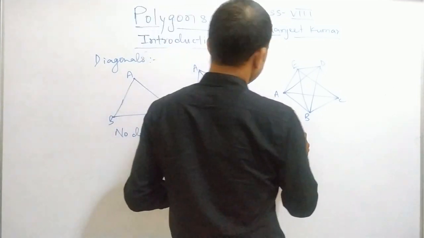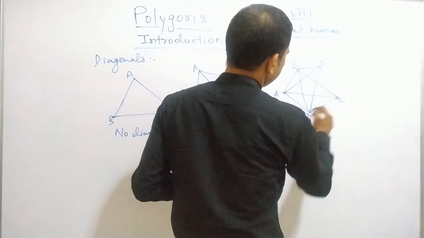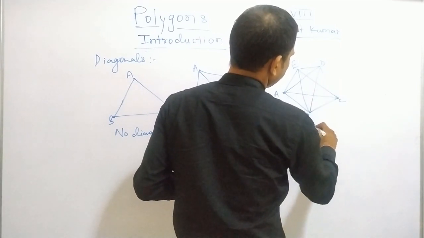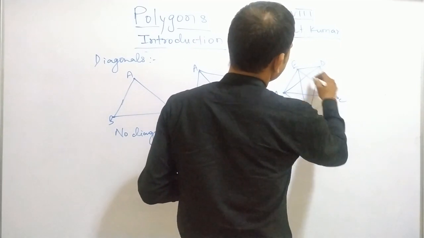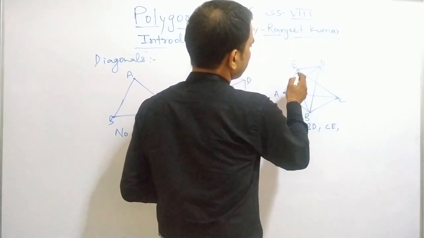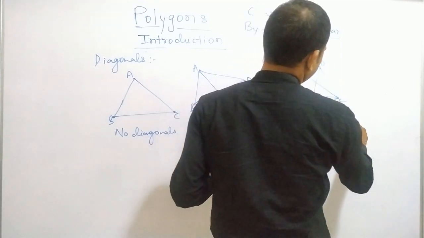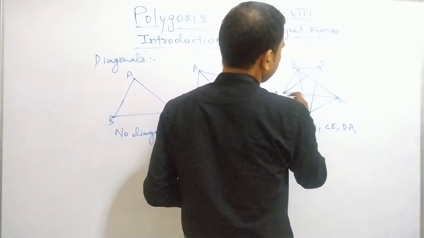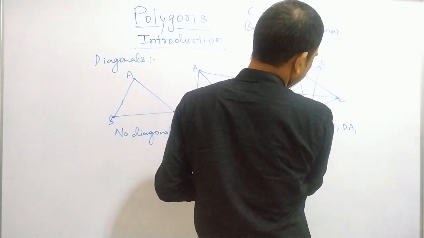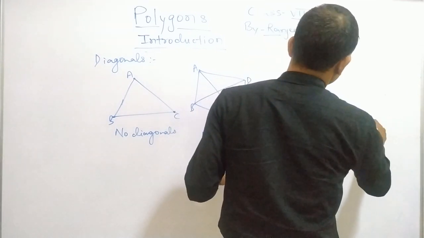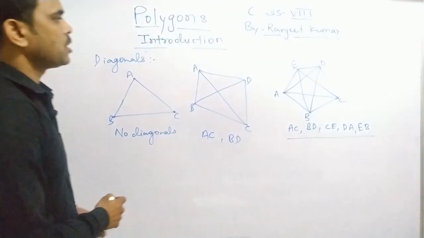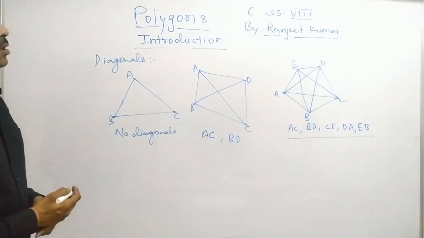So you can see AC first, BD second, CE third, DA fourth, and EB fifth. So 5 diagonals are possible in pentagon.